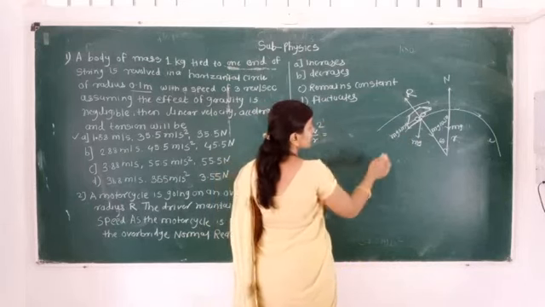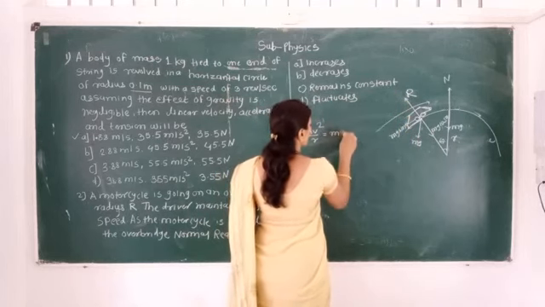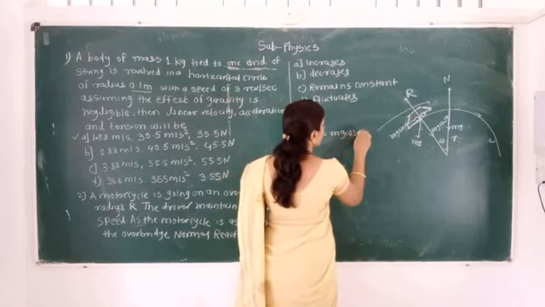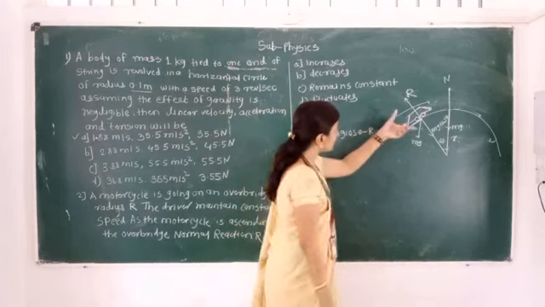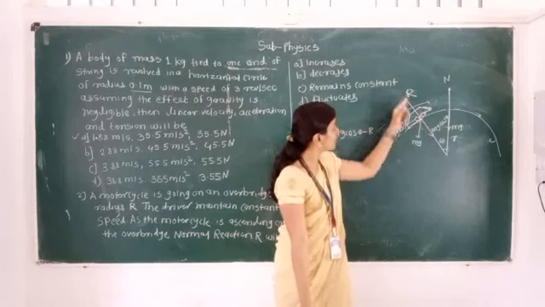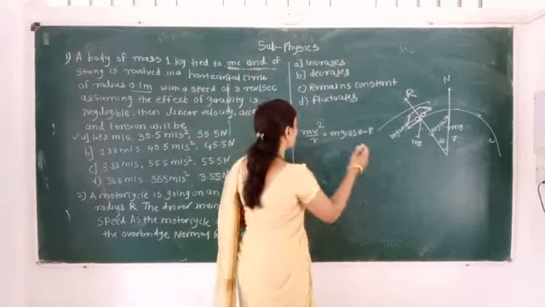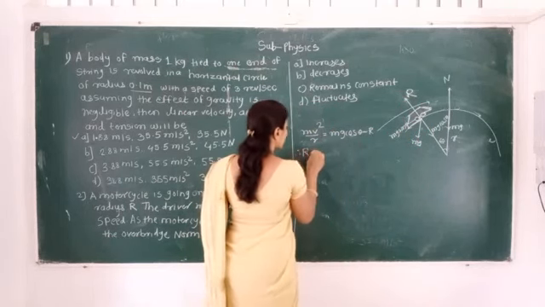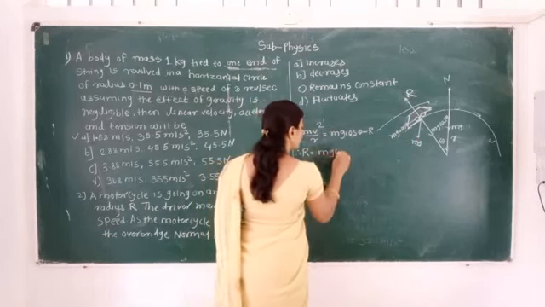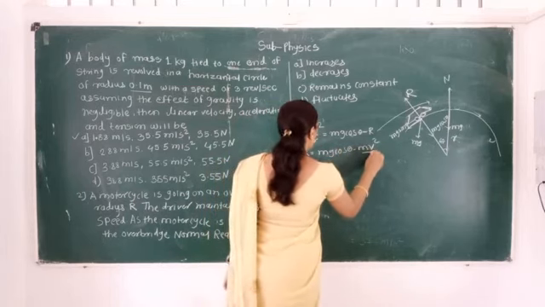That force is a combination of two forces: mg cos theta minus R. They are in opposite directions, one vertically upward, the other vertically downward, so their signs are different. If we want to find R, we get R is equal to mg cos theta minus mv square upon r.